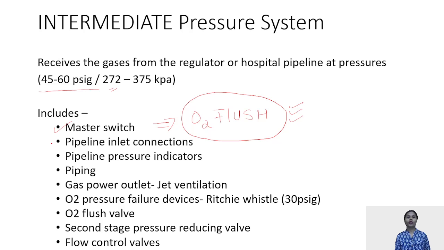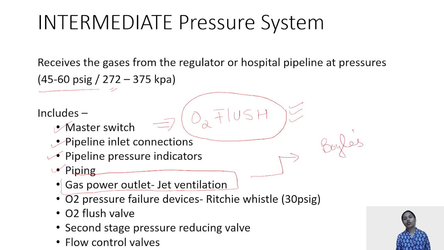Then your intermediate pressure includes your pipeline inlet connections, your indicators, your pipeline itself, your gas power outlet. See, when we talk about the gas power outlet, they were present in the older boyle separators.